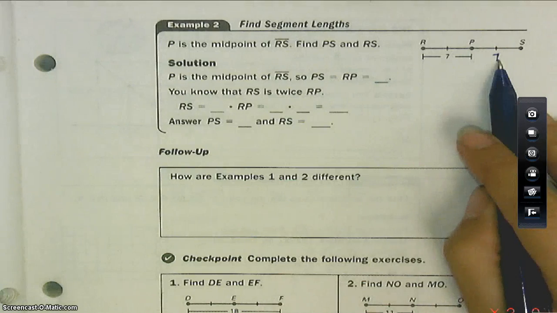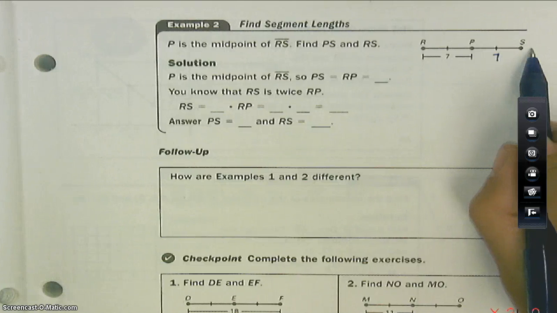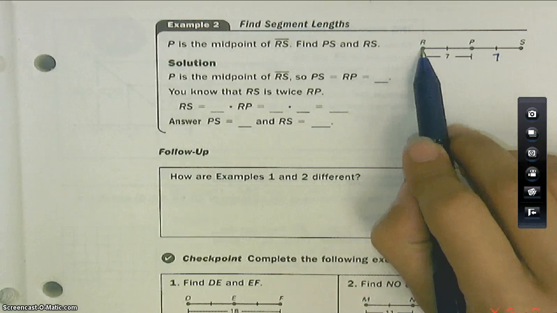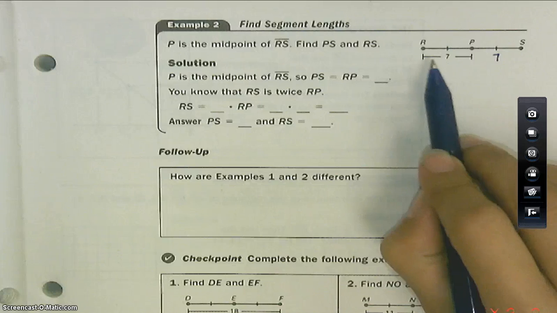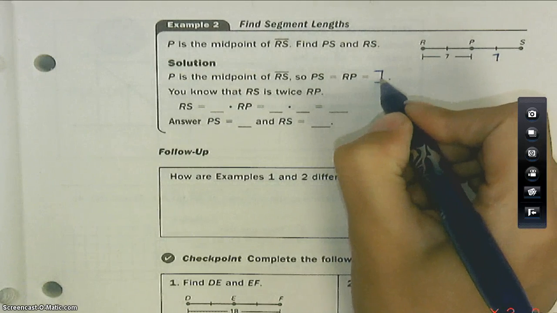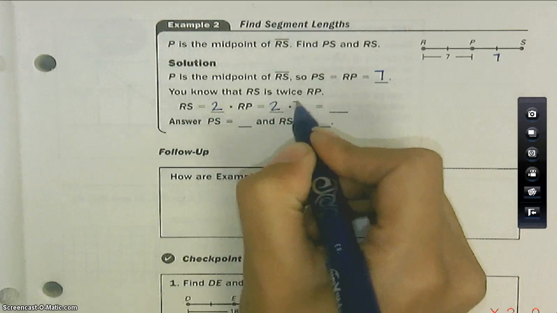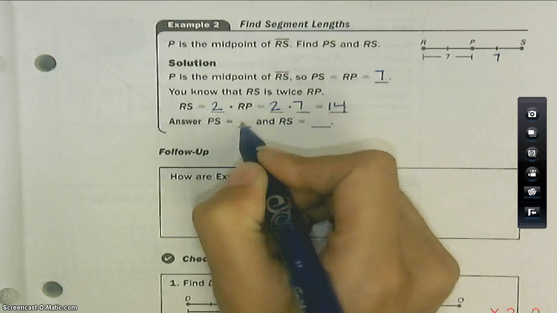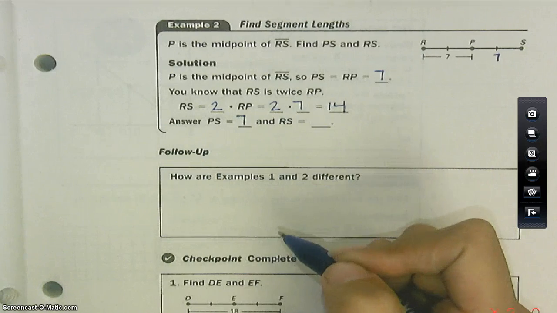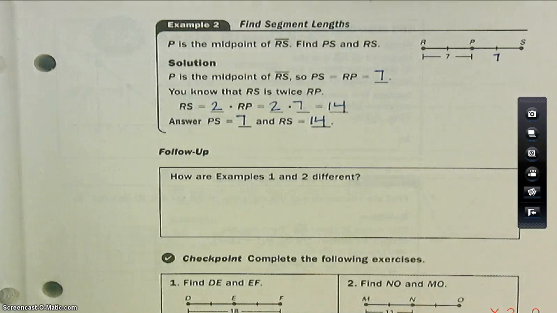Halves have to be equal. So the distance from P to S is 7, and the distance from R to S is 7 plus 7, which is 14. We have to do 2 times 7 to give us 14. PS, the other half, is 7, and the whole thing from R to S is 14.